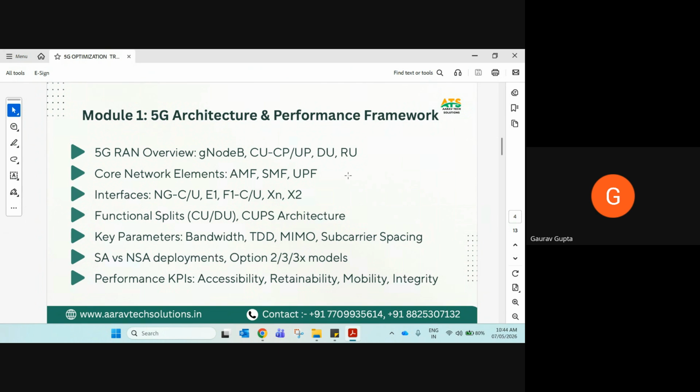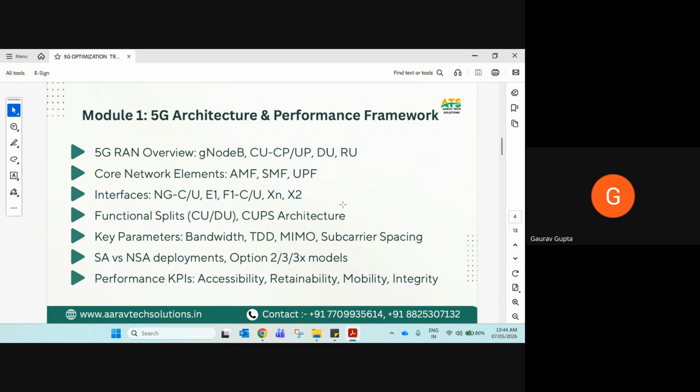That means the RAN component and the core component will be only 5G based, with no involvement of any other technology, for example LTE. NSA means there will be two legs. There will be involvement of LTE also. Core operations will be handled by LTE technology, while the RAN part will be handled by 5G technology.